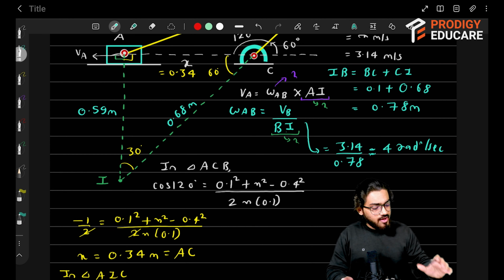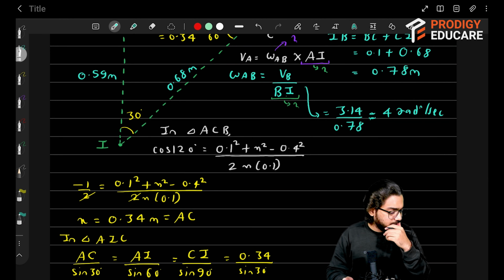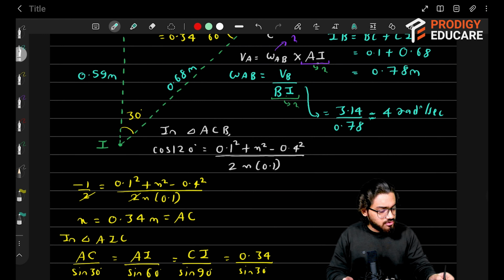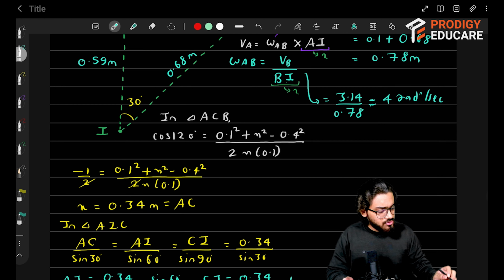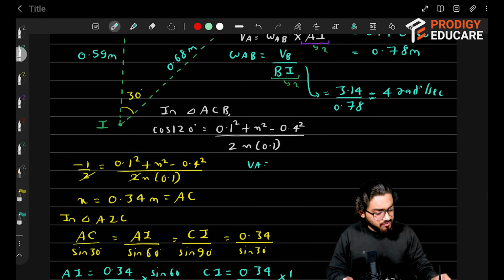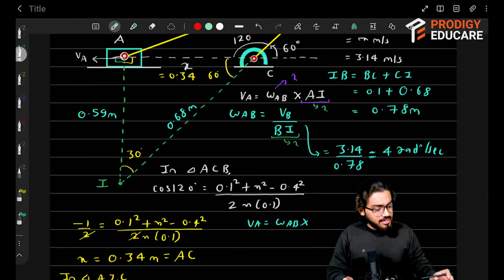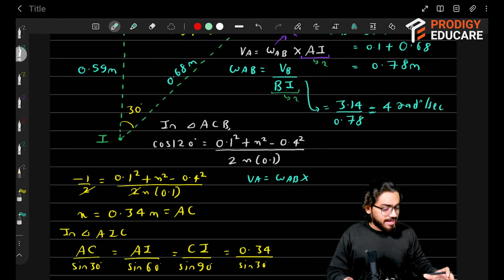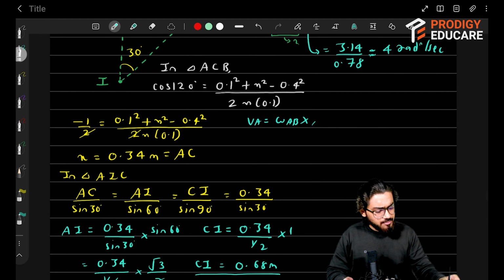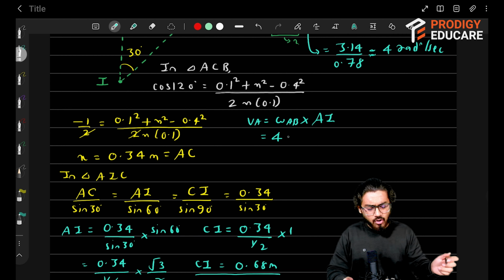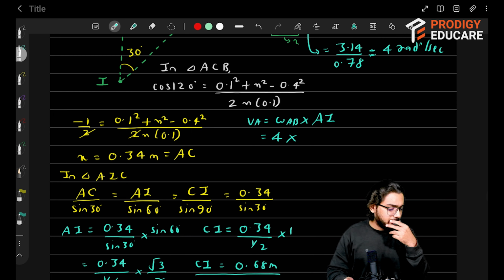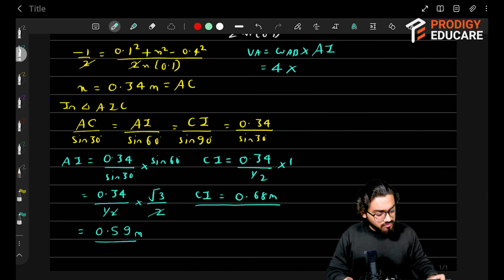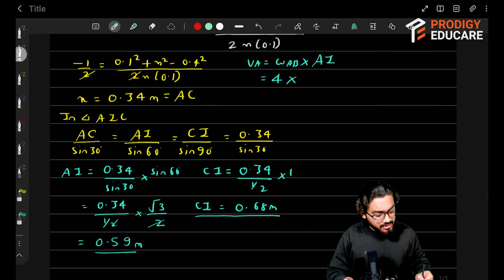And once we have evaluated the angular velocity of rod AB, I can evaluate the velocity of A using this equation. Velocity of A is going to be omega AB into its distance from the ICR, so it is AI. Omega AB, which we evaluated as approximately 4 radians per second, multiplied by AI, which is 0.59.